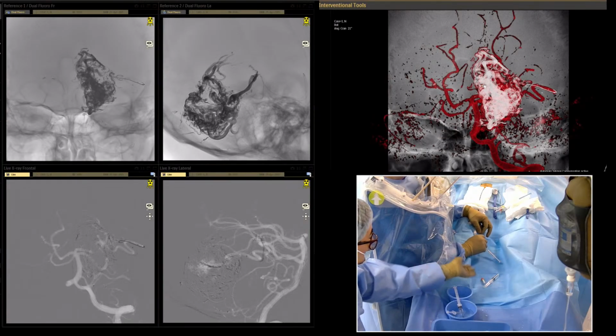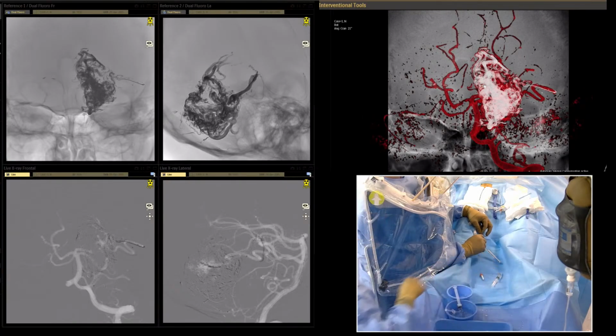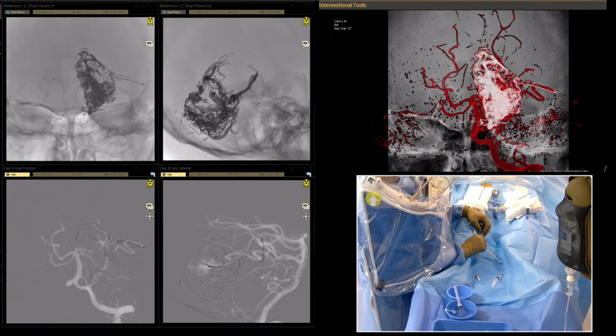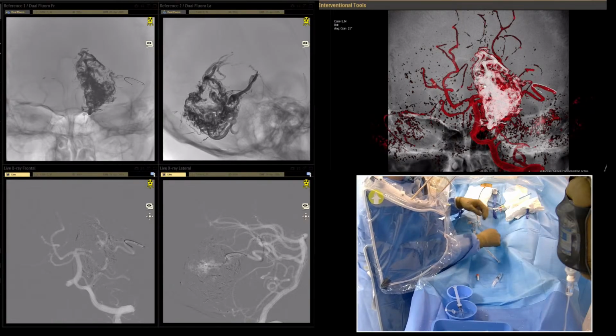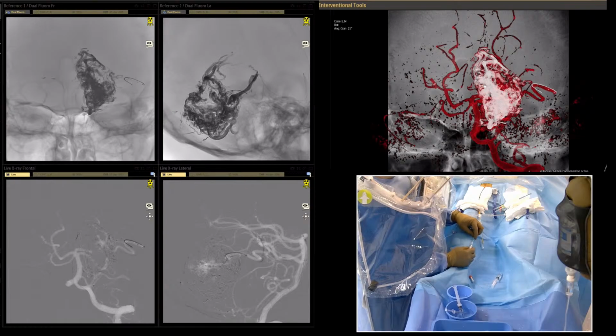Okay, I couldn't push my Headway to distal. Now it's a part of tip. Then we can pull the Sonic a little bit. Okay. Little bit back. Okay, now I think it's better.